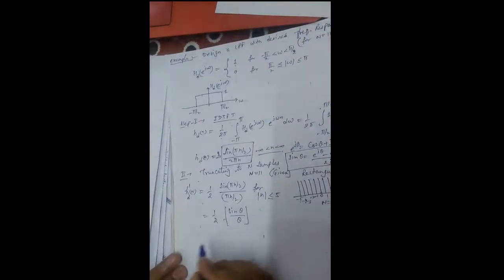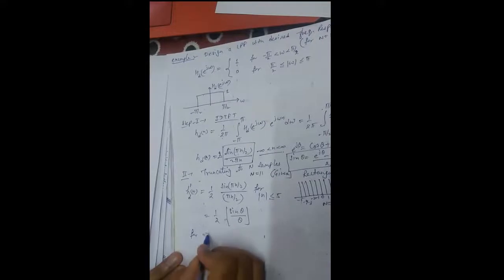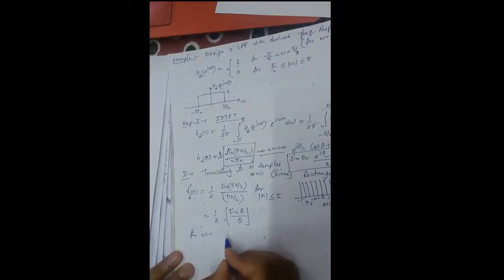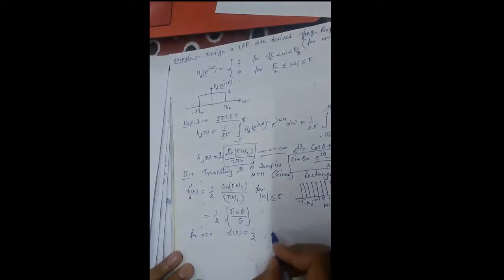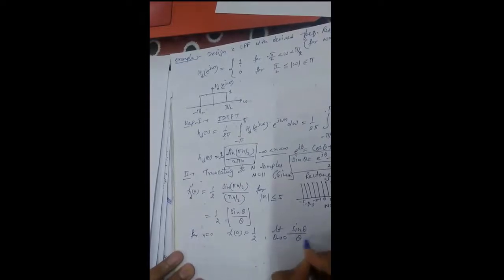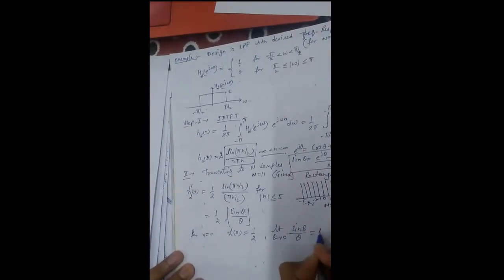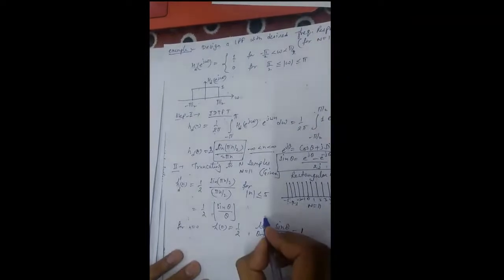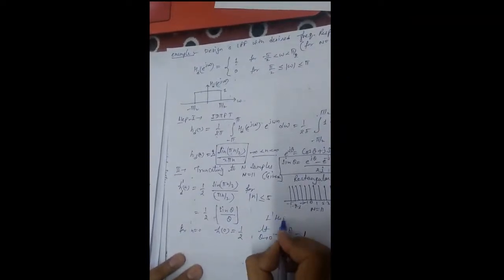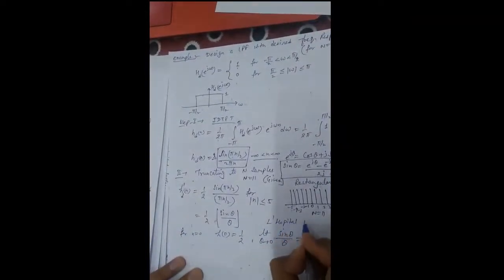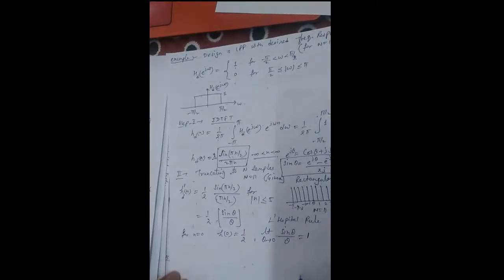Okay, so for n equal to 0, that is for the origin value, h0 is to be found out by 1 by 2 using L'Hospital rule, which says that when sine theta upon theta, with theta equal to 0, it will become 1.